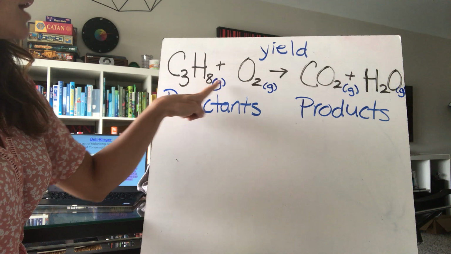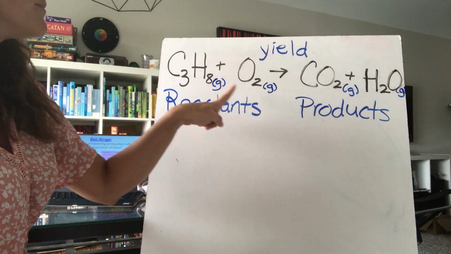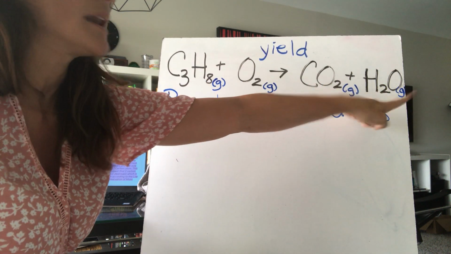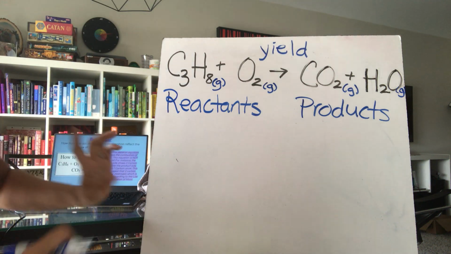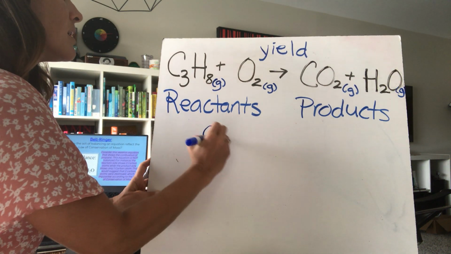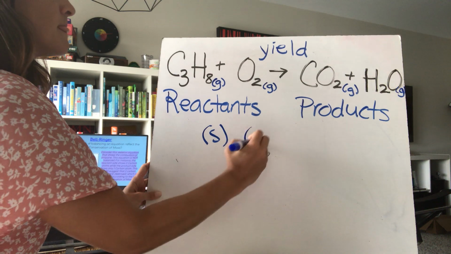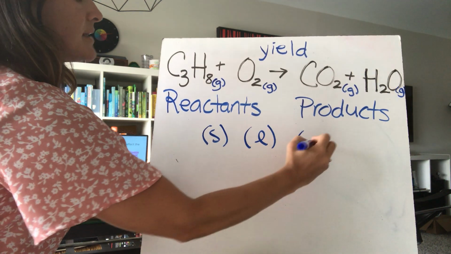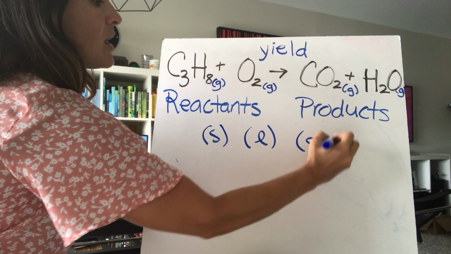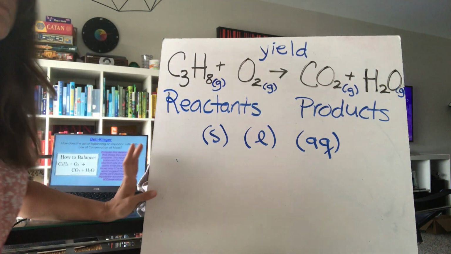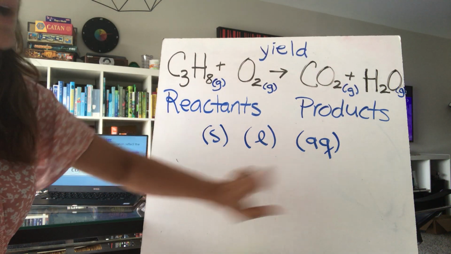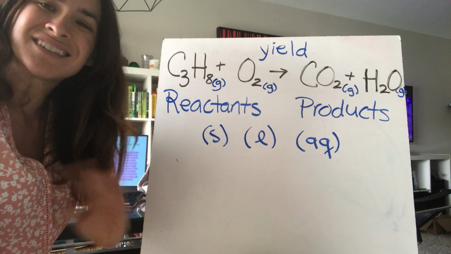In this case, all of these are in gaseous state. Gas, gas, gas, and gas. Some other state symbols you will see are S, L, and AQ. You already saw a lot of these when we went over bonding. Solid, liquid, aqueous.